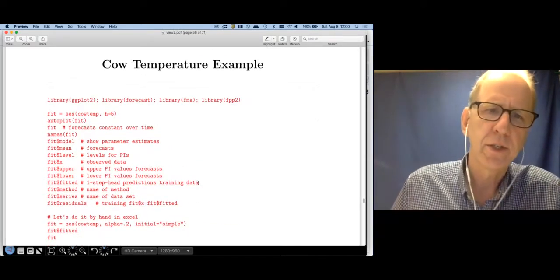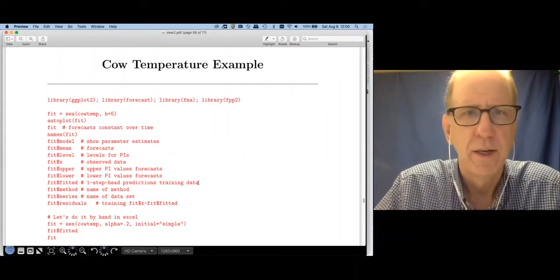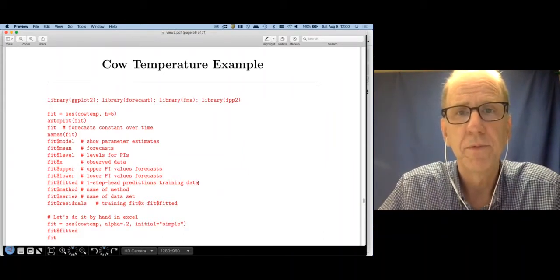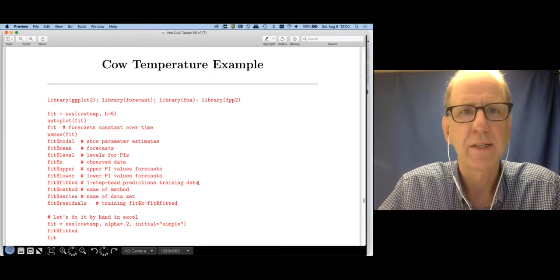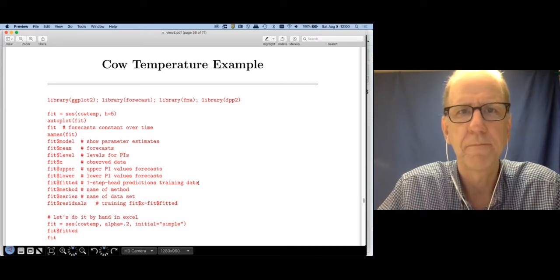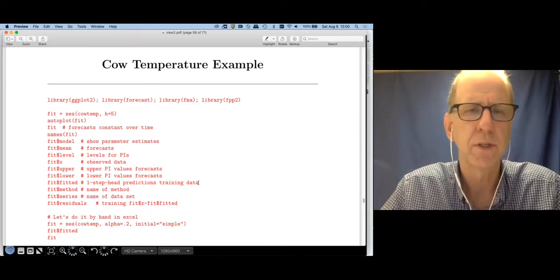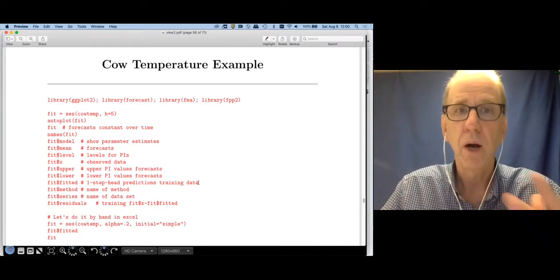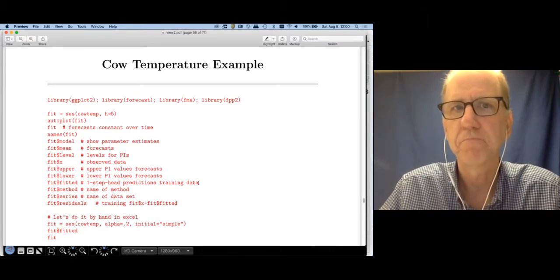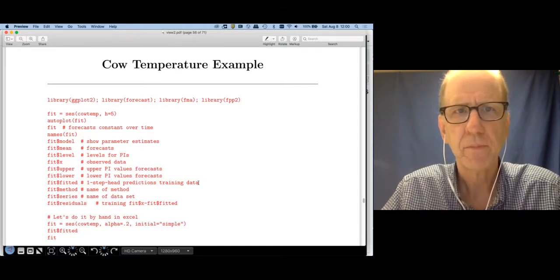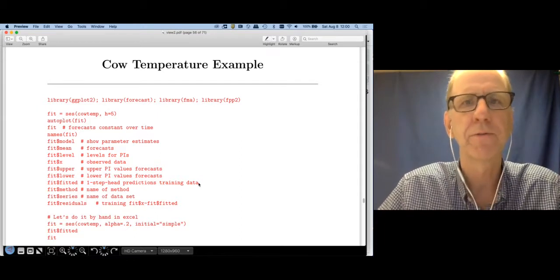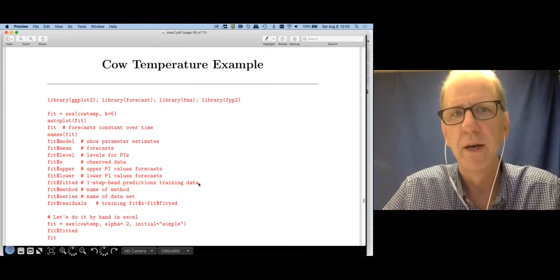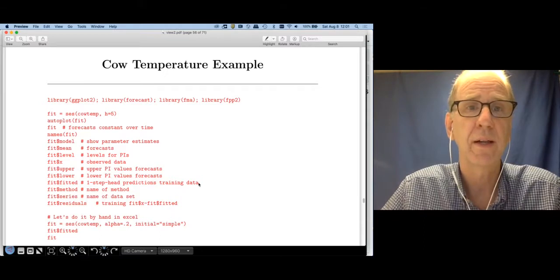Next, I'd like to take us through an example, and I have to first admit it's kind of hard to find a marketing example that uses just simple exponential smoothing. The reason for this is usually in marketing, our data sets have trends and or seasonality. Almost always we have a trend or a seasonality to deal with, and I couldn't find a data set in marketing that didn't have one.